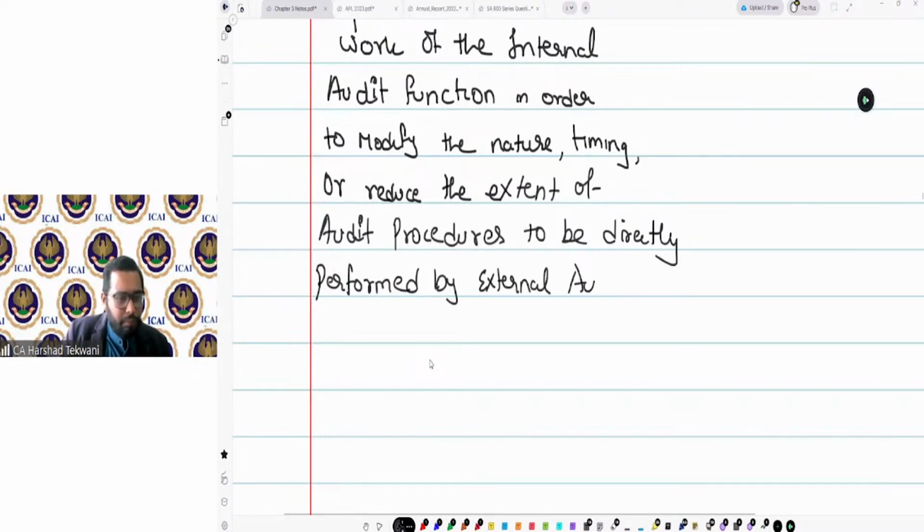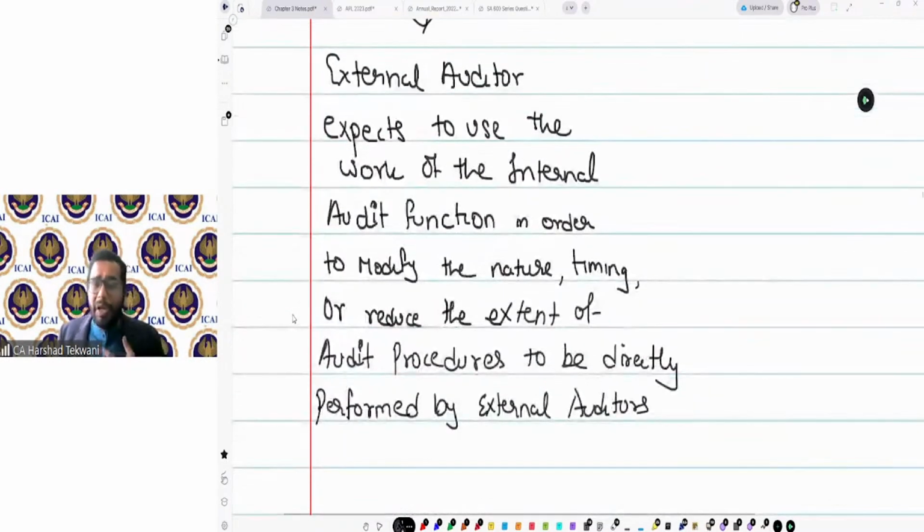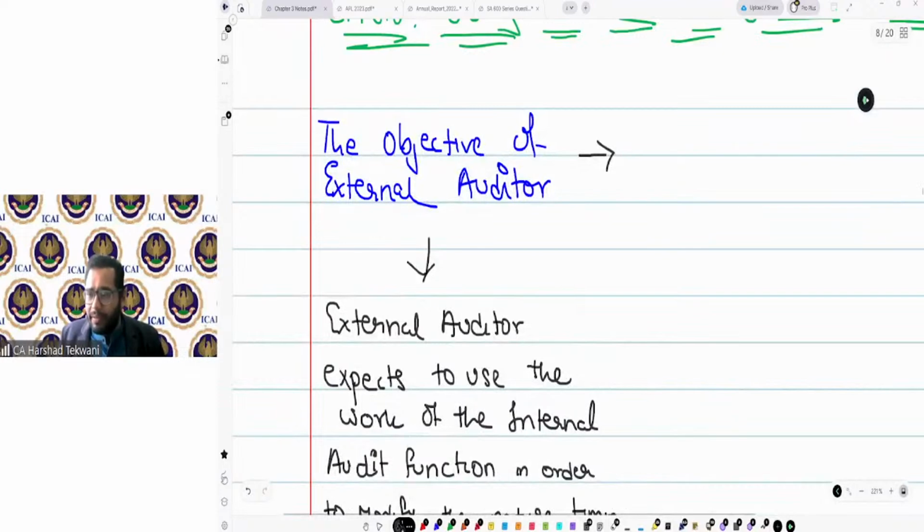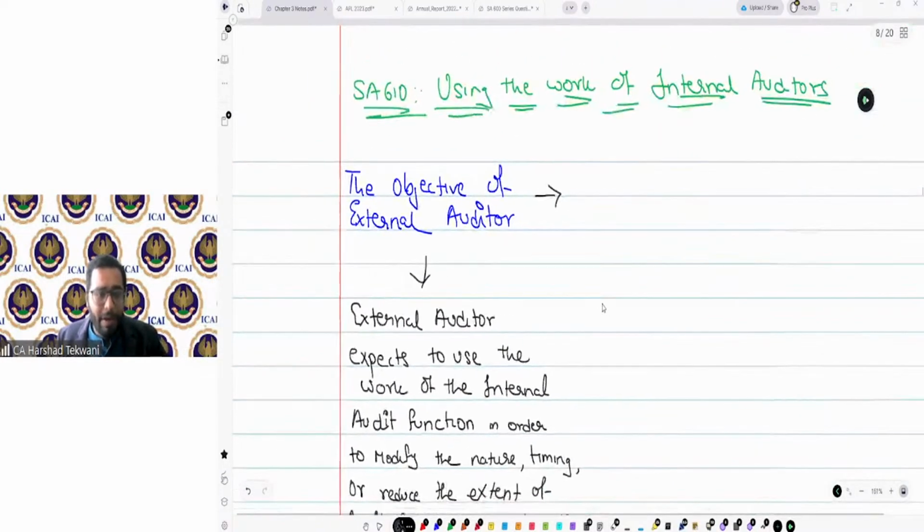So when I say I am considering accepting the proposal of management, that means the external auditor is expecting to use the work of the internal audit function in order to modify the nature, timing, or reduce the extent of the audit procedures to be directly performed by the external auditor. And when this is the scenario, I need to evaluate some things. Before accepting the proposal, I need to check a few things.